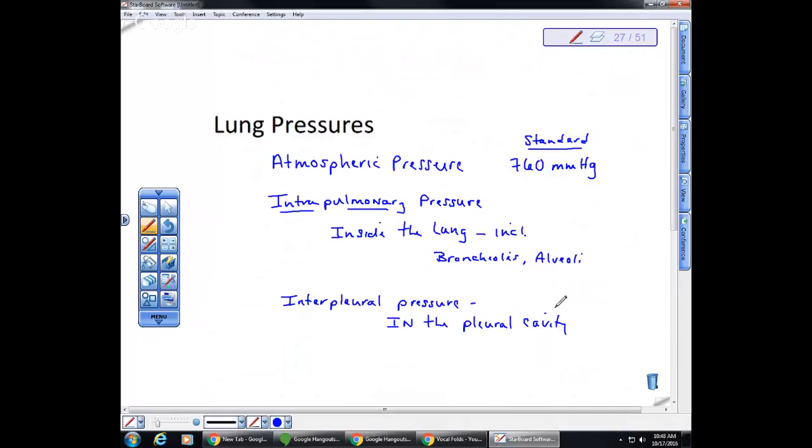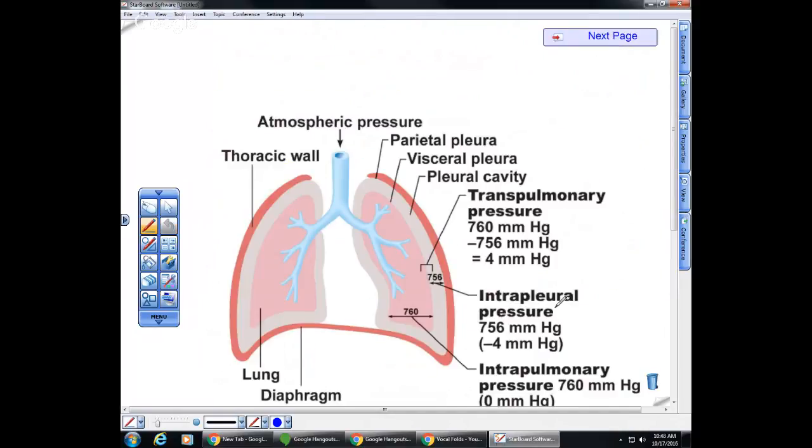So if we look at a diagram that shows this, right? If the inside of the lung is 760, like if that's standard, the same as the atmospheric pressure, then the intrapleural pressure is 756, or a negative 4 millimeters of mercury.